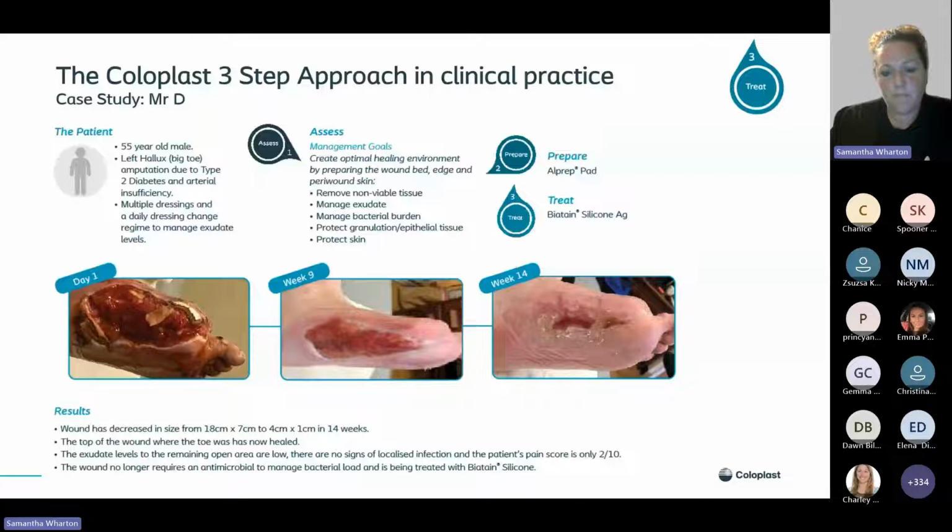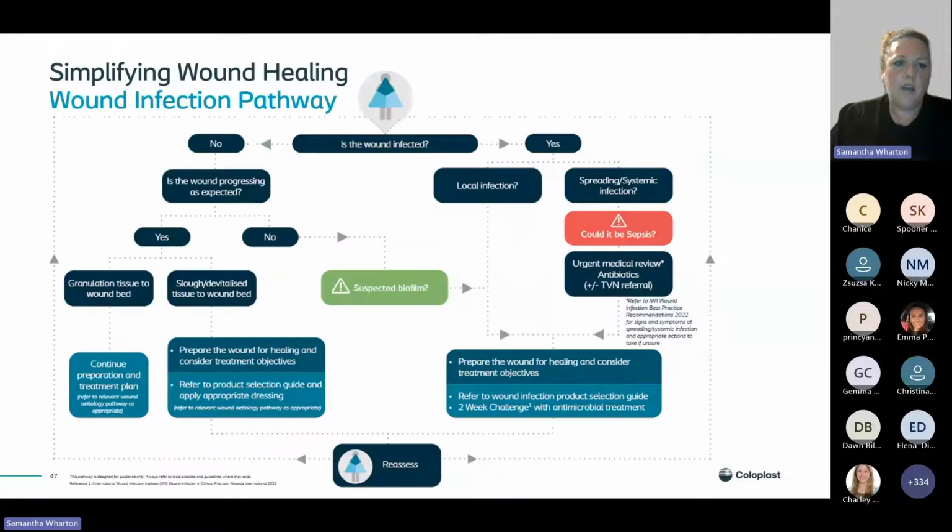The pain score was only 2 out of 10, and the wound no longer required that antimicrobial to manage the bacterial load, and it was just in the end treated with Biatain Silicone. So it's just another illustration of where that bacterial burden was really present within that wound bed, but by following assess, prepare, treat, the outcome for this gentleman was really positive.